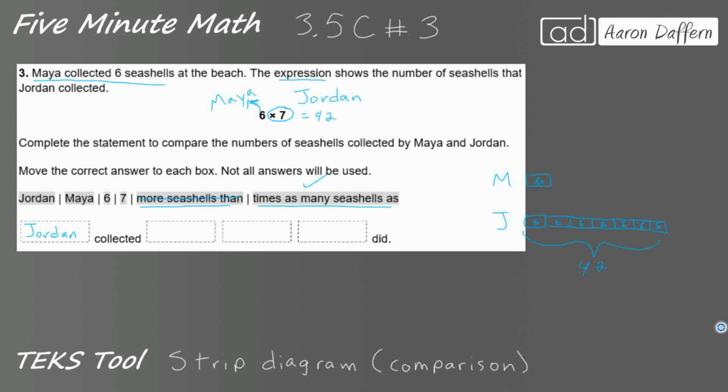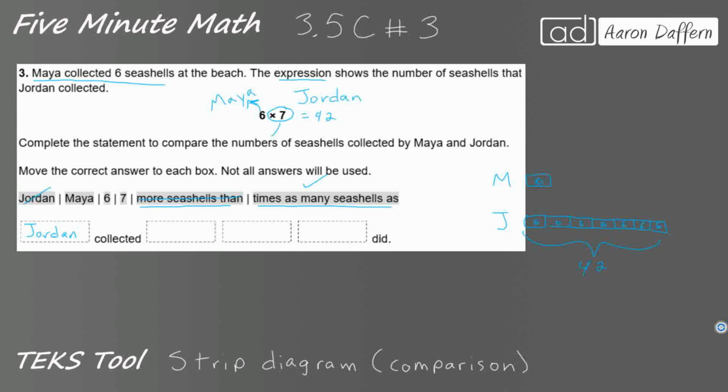So we're going to go ahead and get rid of this one. Now, Jordan collected blank, blank, blank did. I need a name, I need a number, and I need times as many because we're not going to use more seashells as. So Jordan collected how many times as many seashells? Well, Maya collected 6.